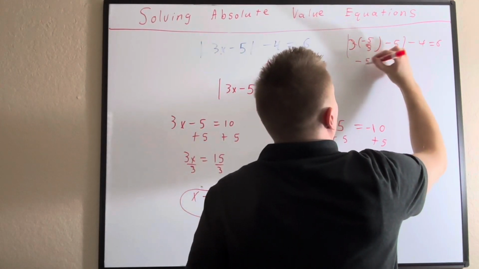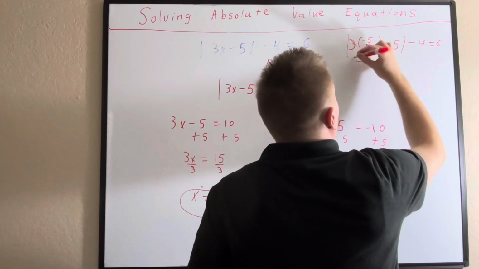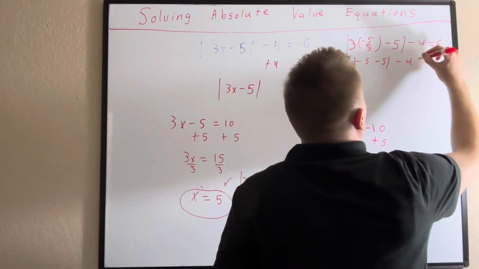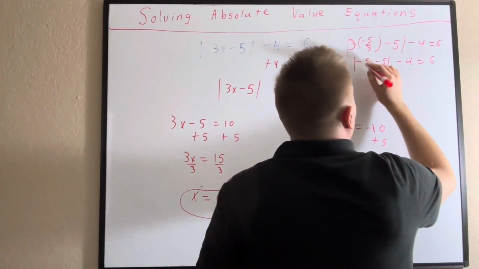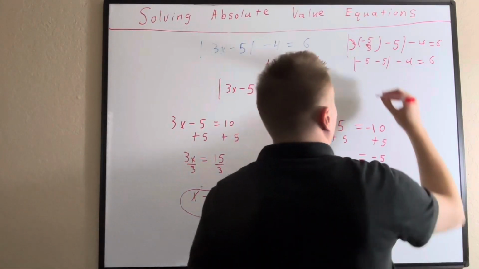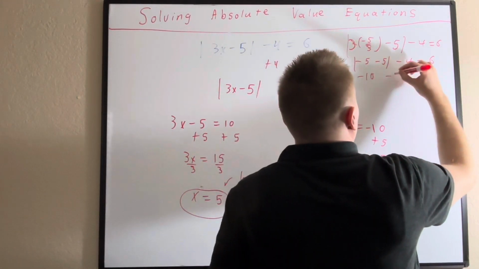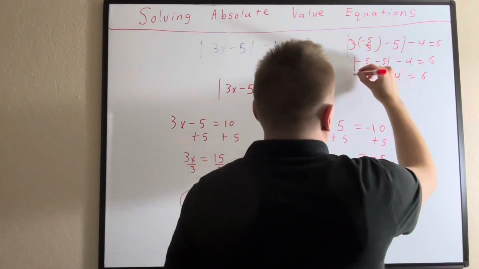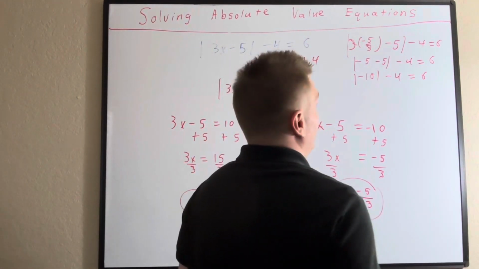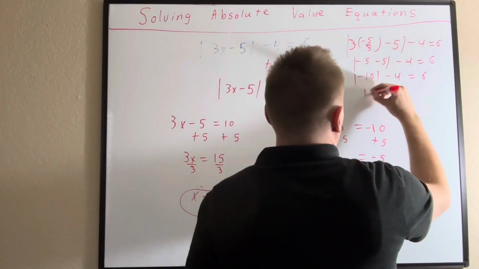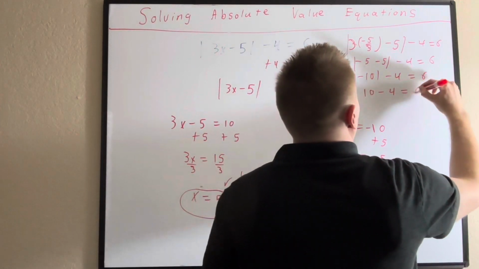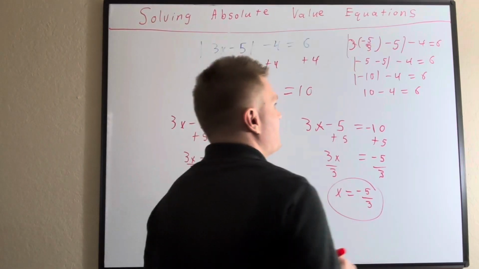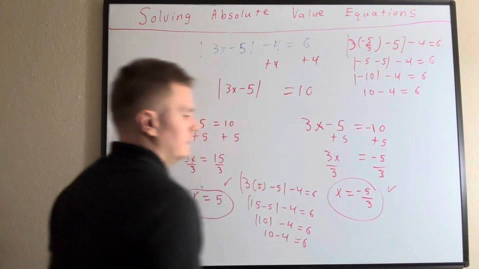So we're left with a negative 5 minus 5 absolute value. Negative 5 minus 5. Negative 10 minus 4 equals 6. Wait a minute. No, it doesn't. Absolute value of negative 10 minus 4 equals 6, though. Don't forget that absolute value. So that is also an answer.